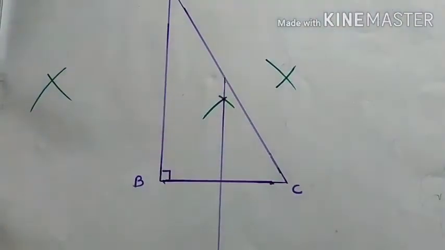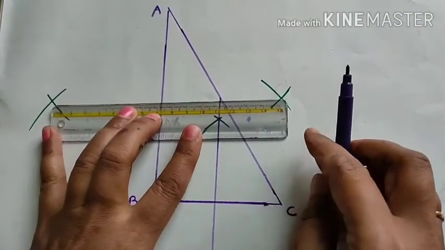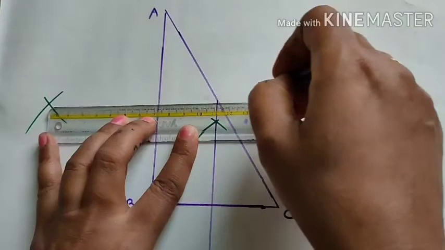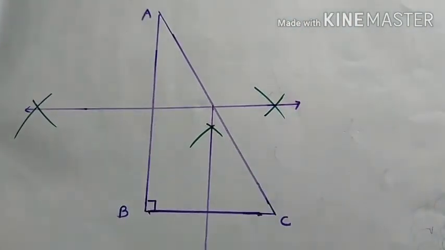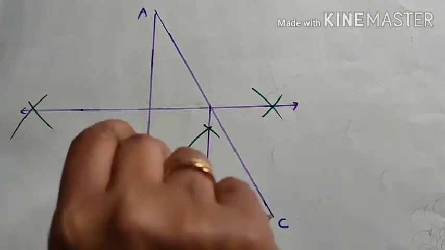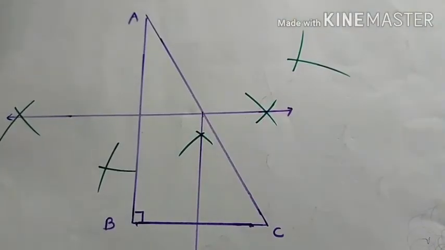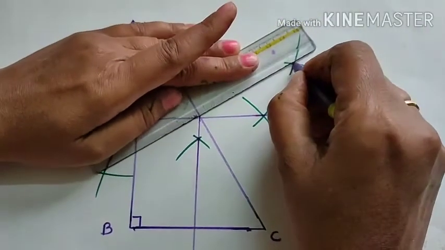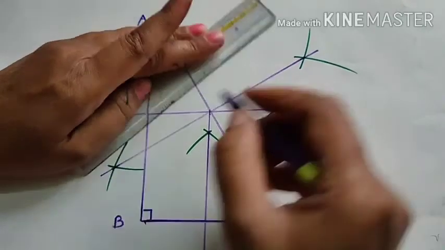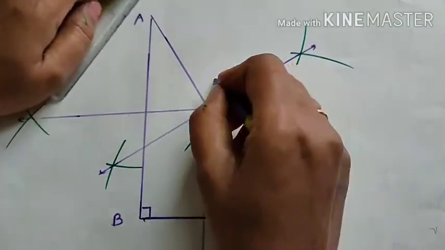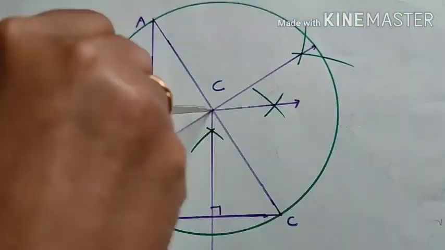Draw its perpendicular bisectors. The three perpendicular bisectors are meeting in a point on hypotenuse. So in right angled triangle, the circumcenter is on the hypotenuse.